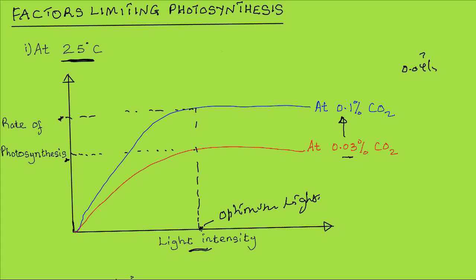Now, for comparison, when the temperature was 20 degrees C and the CO2 level was at 0.03%, this is the fastest rate of photosynthesis attained. If we increase the CO2 level and also increase the temperature, then the rate of photosynthesis increases substantially to this point.